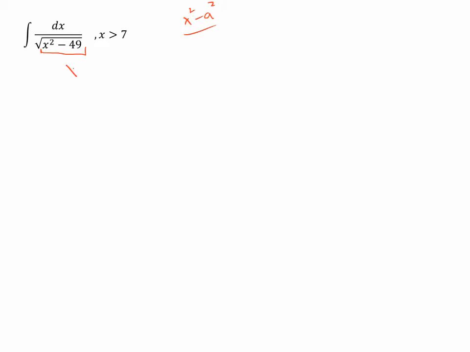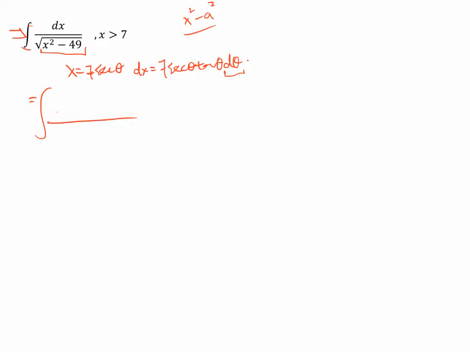So set x equals 7 secant theta, and dx is 7 secant theta tangent theta d theta. Don't forget this d theta. And again, I want to check if there is a limit to see if I need to change the limit. There is no limit, so I don't need to change it.